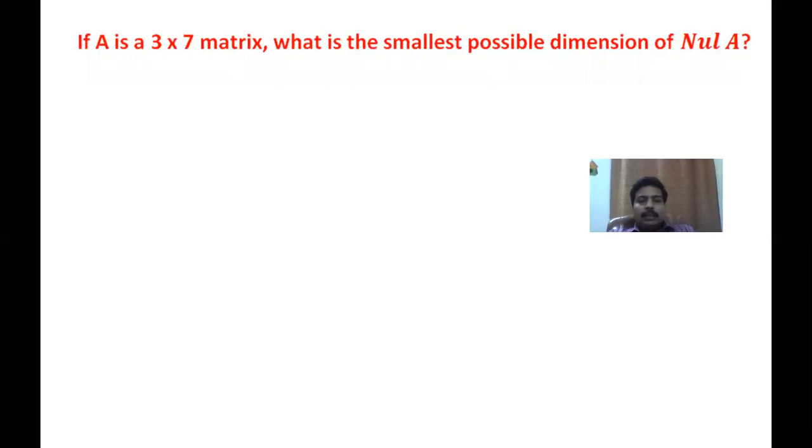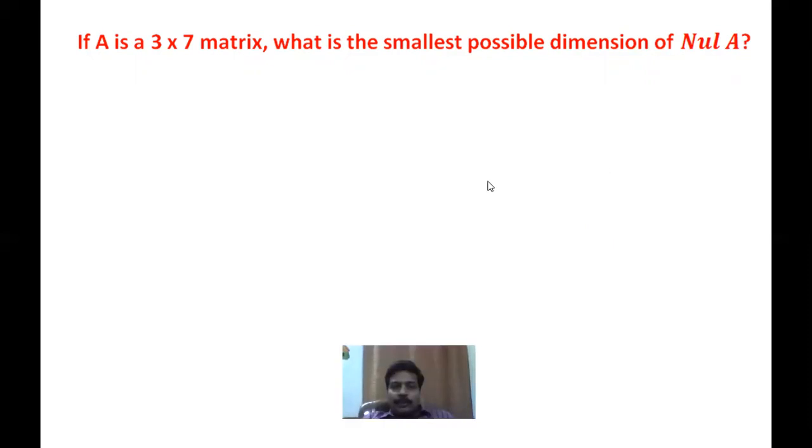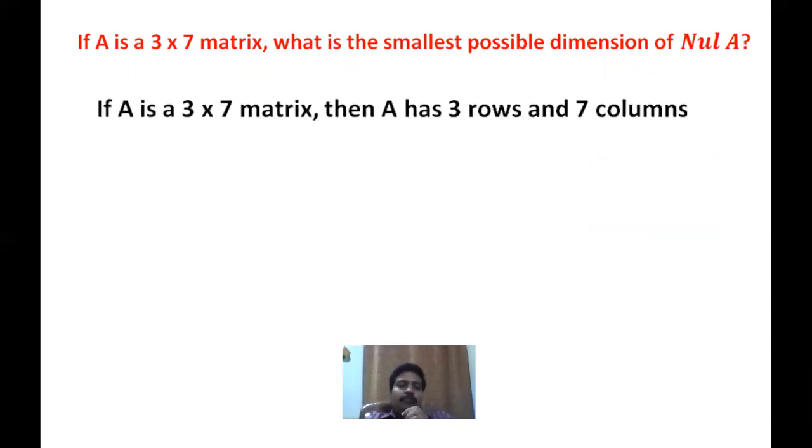And this is one more problem. If A is a 3 by 7 matrix, what is the smallest possible dimension of null space? In this problem, the smallest possible dimension of null space A is asked. Since A is a 3 by 7 matrix, A has 3 rows and 7 columns.